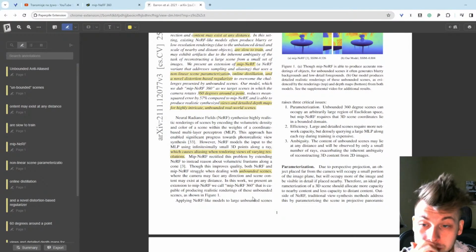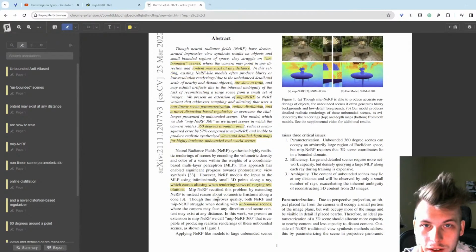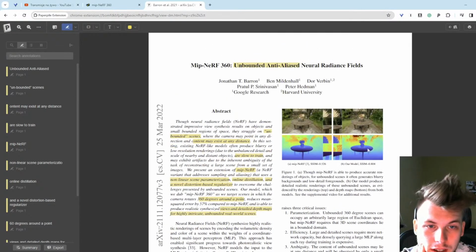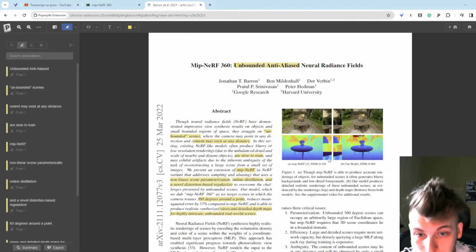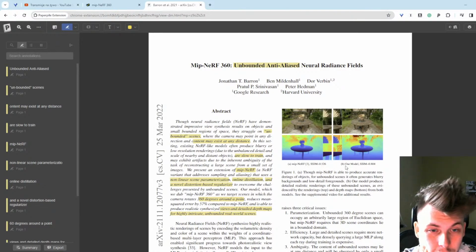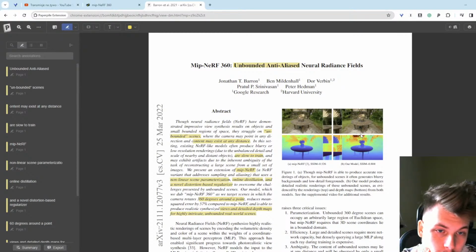In this work, we present an extension to Mip-NeRF we call Mip-NeRF 360 that is capable of producing realistic renderings of these unbounded scenes as shown in figure 1. Yeah, so this is the kind of scenes they want to deal with. So this is the original Mip-NeRF and this is their Mip-NeRF, and we see that there is a lot more depth detail in this model than this.